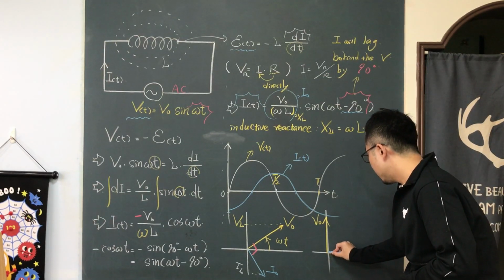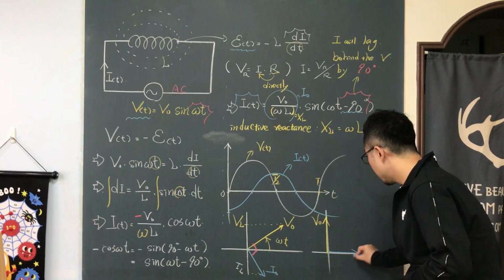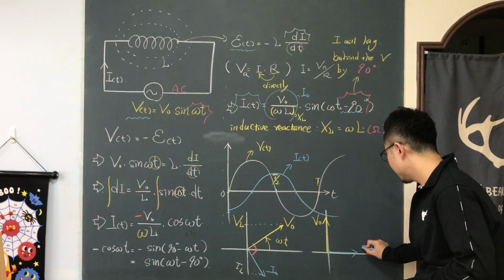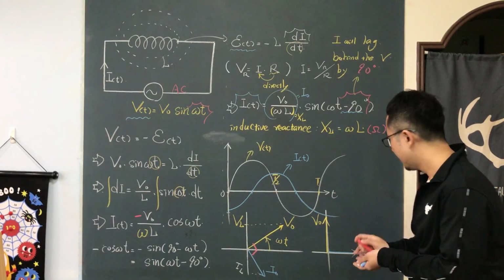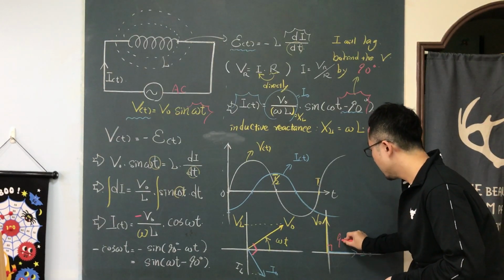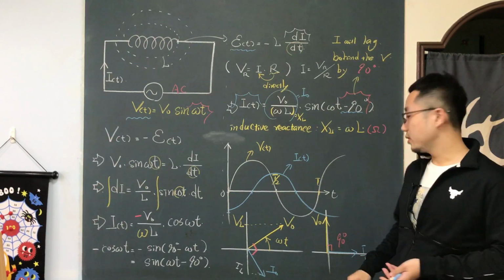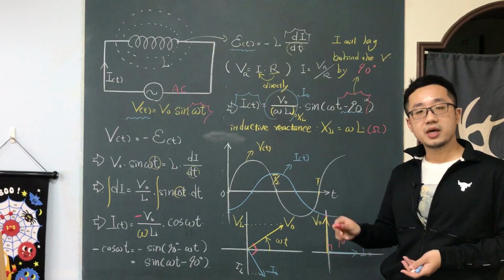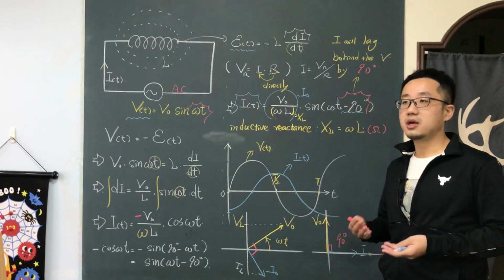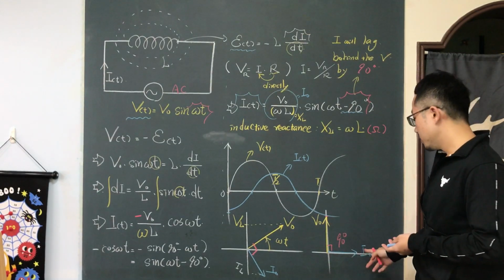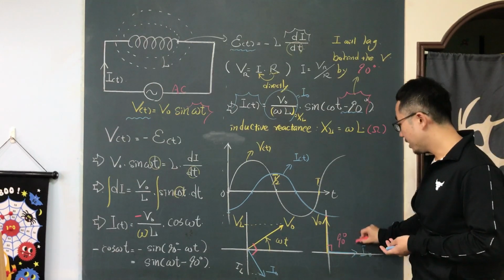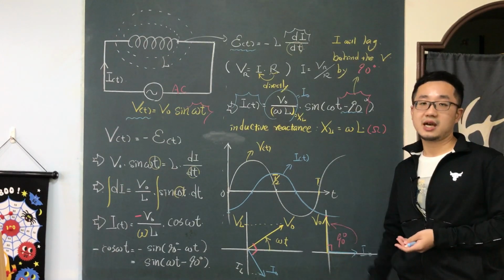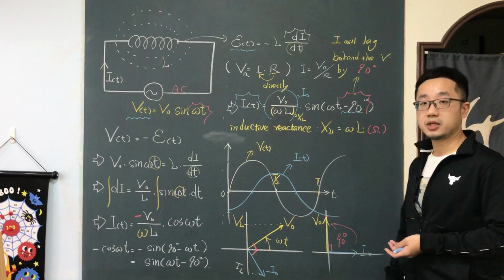The current is lying along the x-axis, and it lags behind the voltage by 90 degrees. So when your voltage reaches its maximum value, your current needs to wait for a quarter of a period of time, and then it reaches its own maximum value.